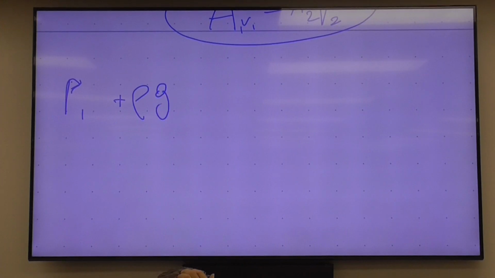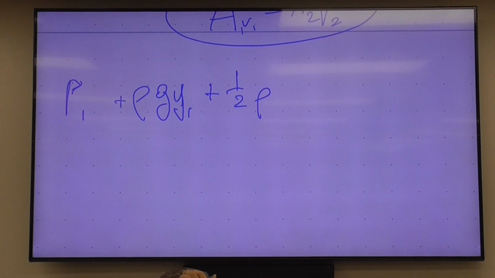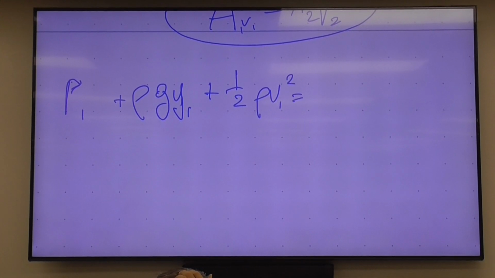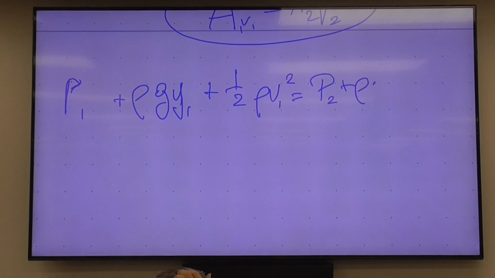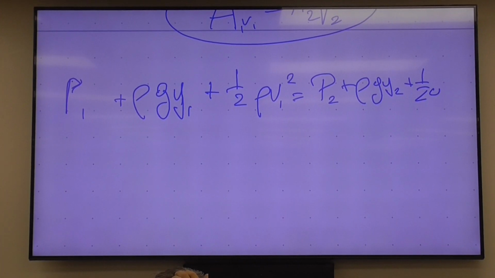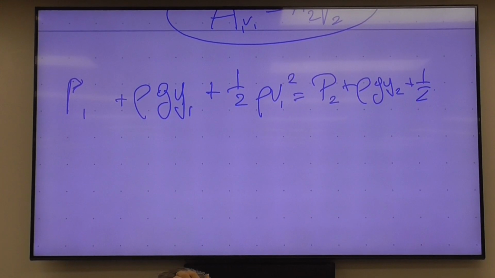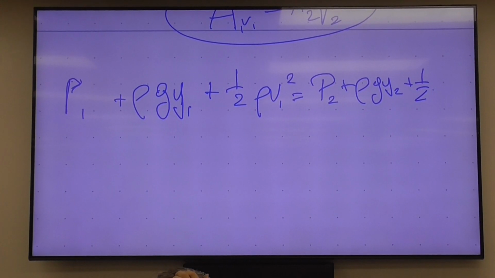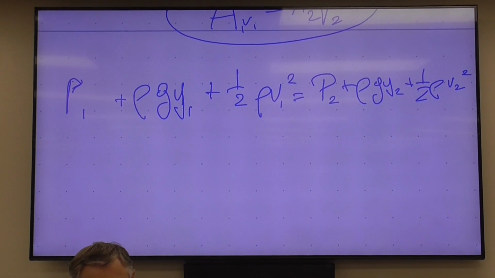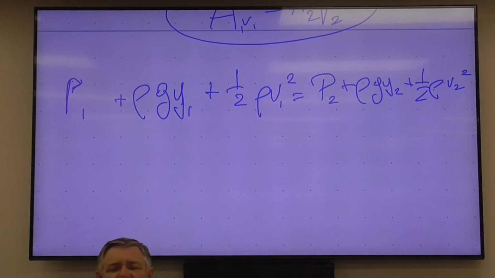P1 plus rho g y1 plus half rho v1 squared equals P2 plus rho g y2 plus half rho v2 squared. This is what's known as Bernoulli's equation.